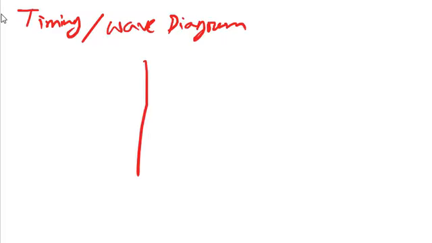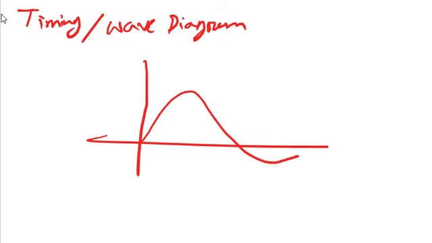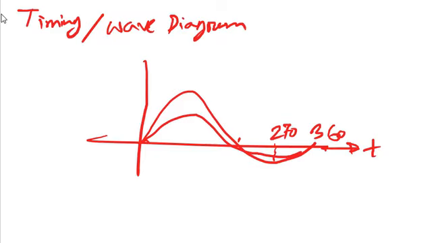You consider this one, and this wave we are familiar with. This one is the wave diagram. Obviously this is the t, at time, and this is 360, this is 270, this is 180, and this is 90.